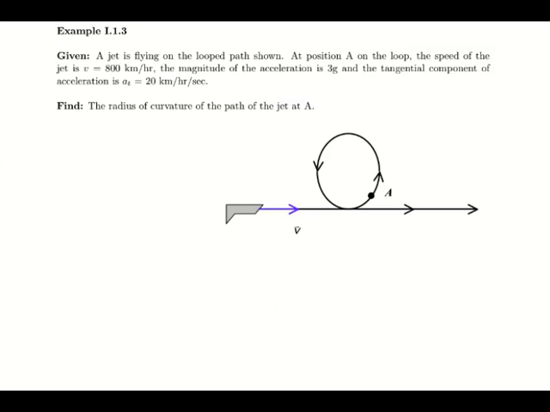Well, the information that we have and the information we want to find is all really coming back to a path description, in the sense that we know the speed, rate of change of speed, and we want to find rho. That just makes sense to do it in terms of path.